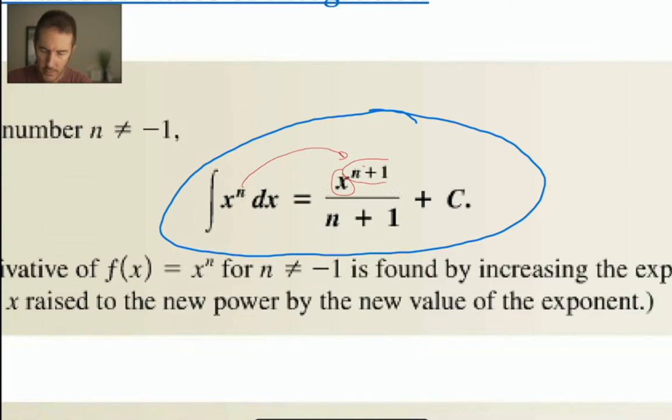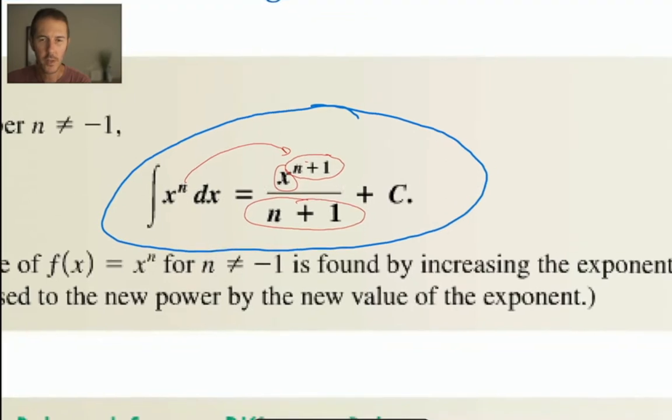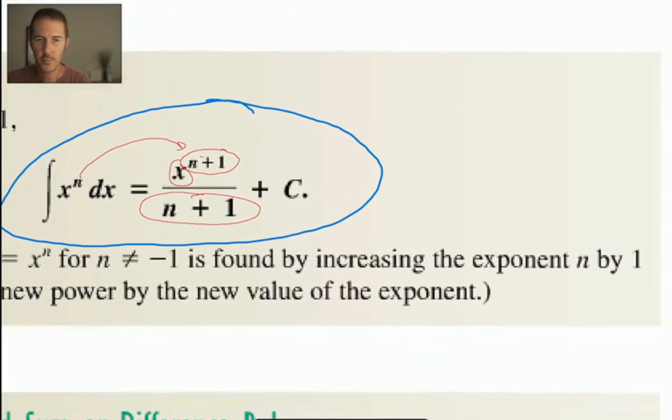I apologize, these notes are not zooming in very well, it's looking kind of pixelated, but we've increased the exponent by 1, so it says x to the n plus 1, and then we're dividing by that new exponent.